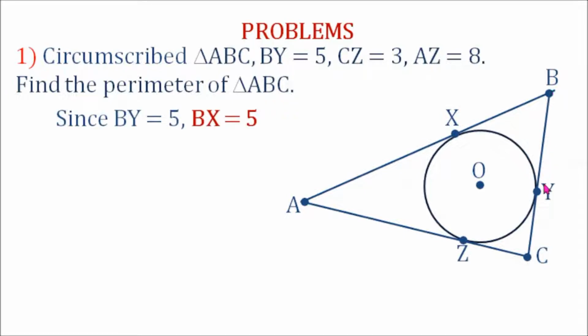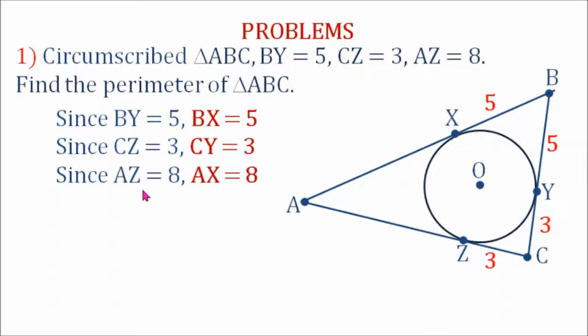Since BY equals 5, from one of our theorems, BX is also 5. Since CZ is 3, CY is also 3. Since AZ is 8, AX is also 8.